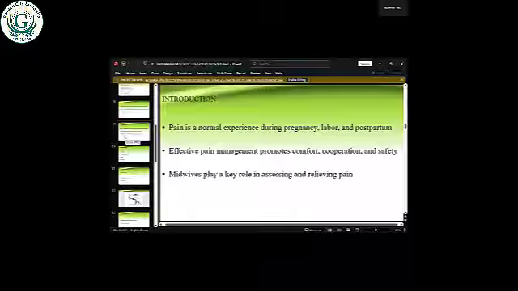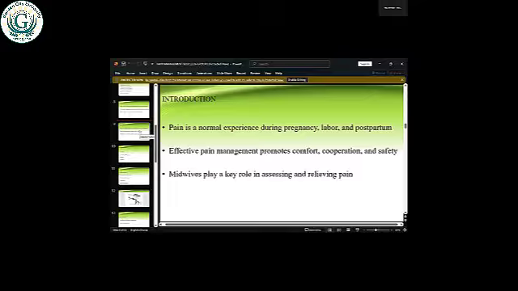So our aim is to reduce pain, alleviate pain during these stages that occur during pregnancy, labor, and puerperium. As we move forward, we'll get to know what happens through the pregnancy, the labor, and the puerperium.